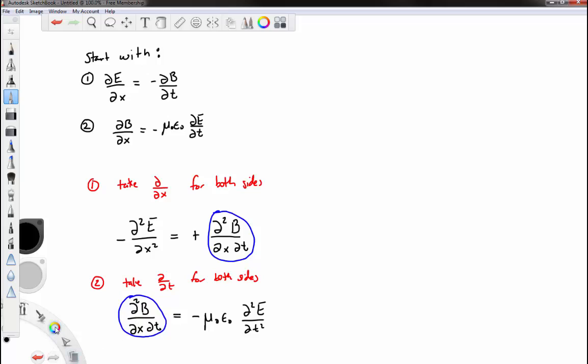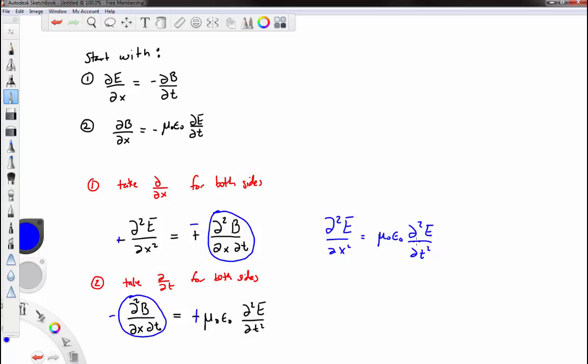Collectively, if we get rid of the minus sign again, we would have d squared E by dx squared is equal to mu naught epsilon naught d squared E by dt squared. And so there you have it.